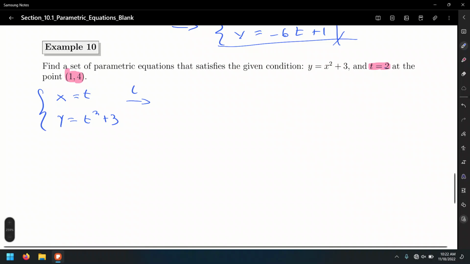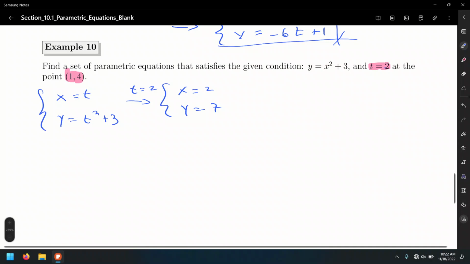Well, let's find out. Plug in t equals 2. So x equals 2, and y equals 2 squared, which is 4, plus 3. So we get the point 2, 7. That's not the point 1, 4.